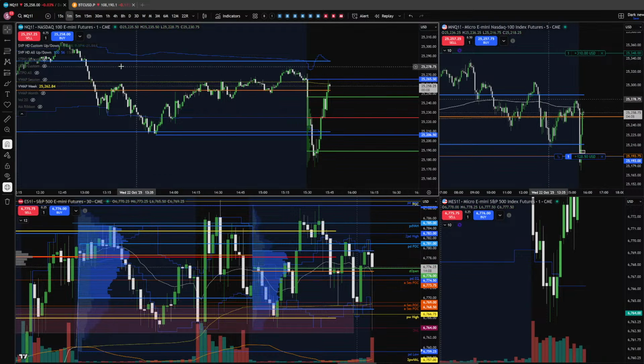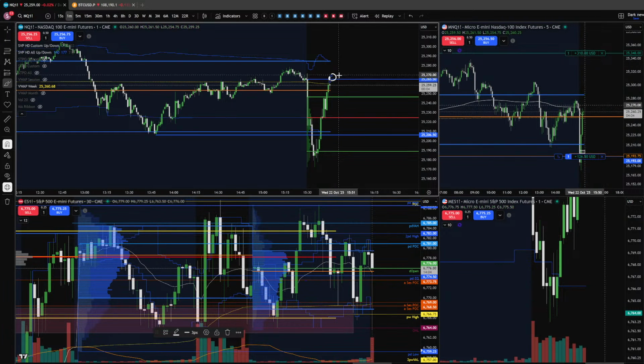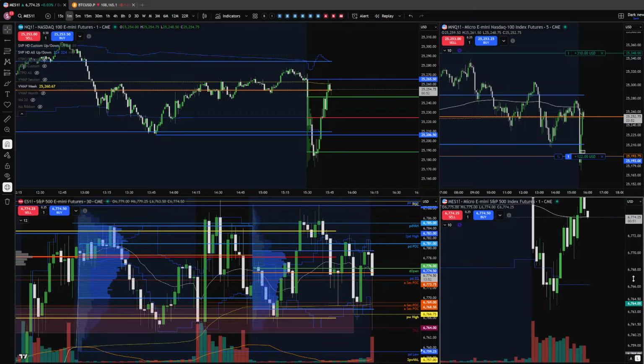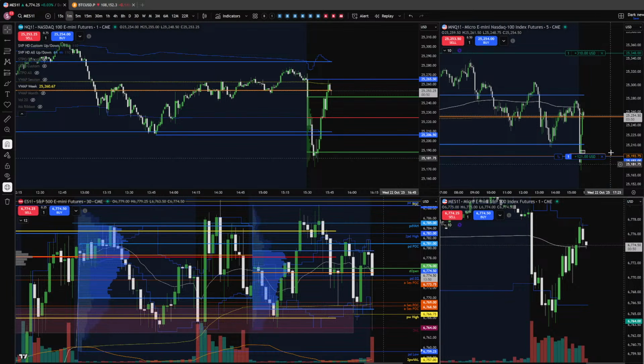So let's see if we can reclaim this. And the next area of interest would be the value area high of the day, of course. Let's not forget that we are up against the biggest resistance of this range for now.